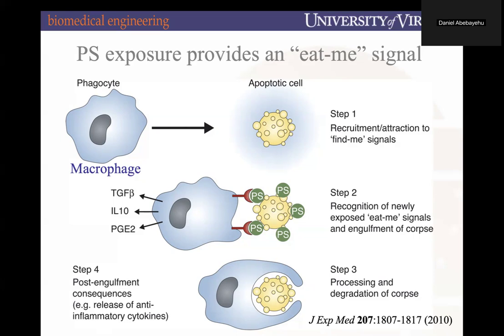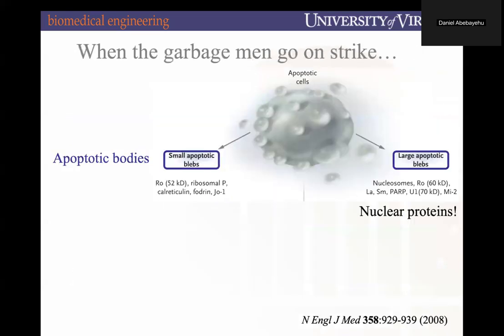What typically happens in lupus is that there is a disruption in the ability of phagocytes to perceive this apoptotic cell needing to be disposed of. That's the first issue. So you can think of it as the garbage men going on strike. These phagocytes are not clearing out this apoptotic cell that has phosphatidylserine flipped to the outside, which is a cue that this cell needs to be disposed of.